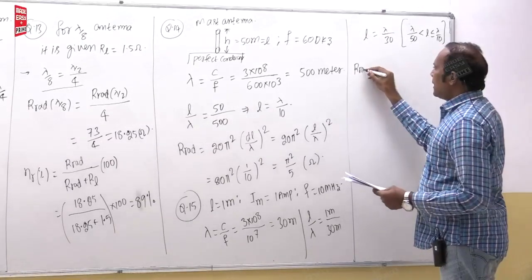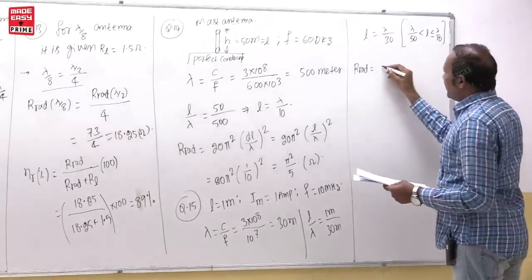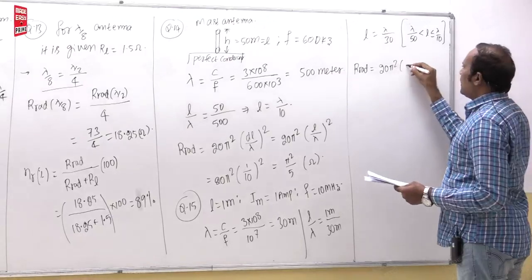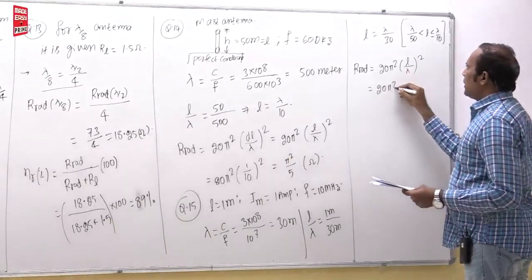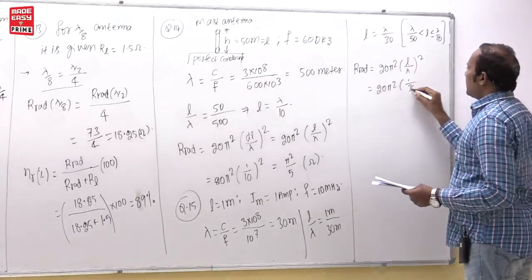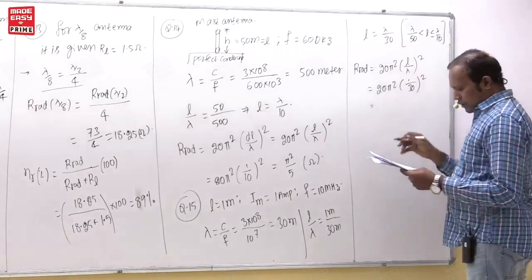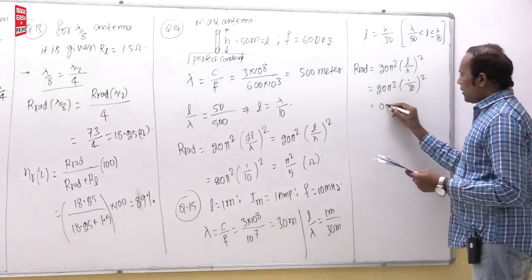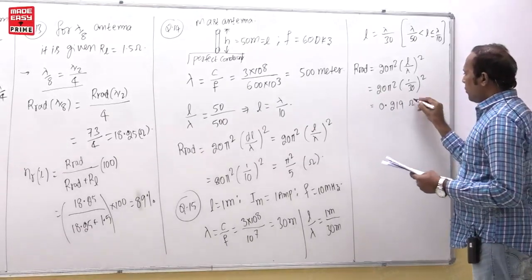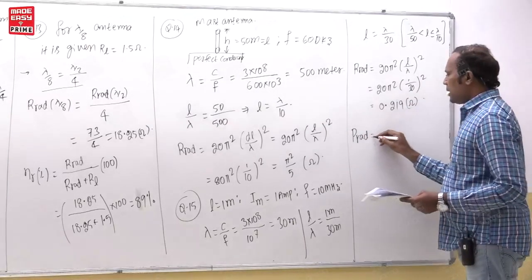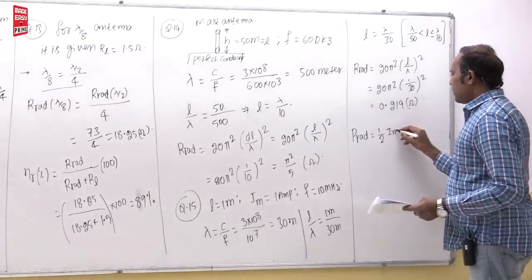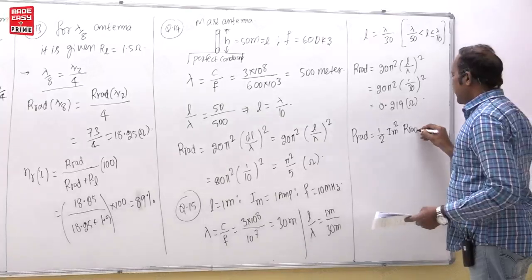Then the radiation resistance is 20 pi square times L by lambda whole square, where L by lambda is 1 by 30. So this value you get is 0.219 ohm. Now you want the power radiated, that is half into maximum current square into radiation resistance.